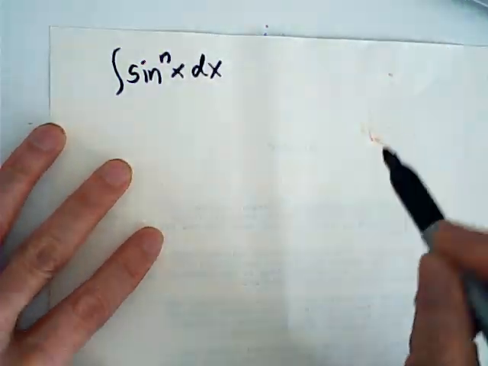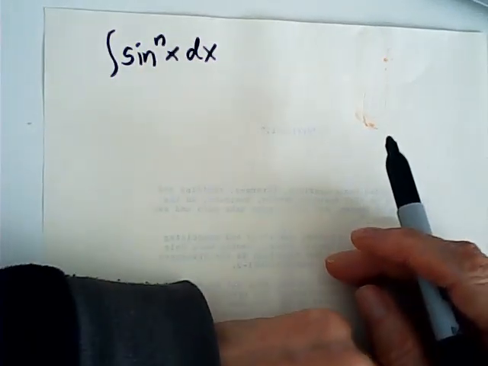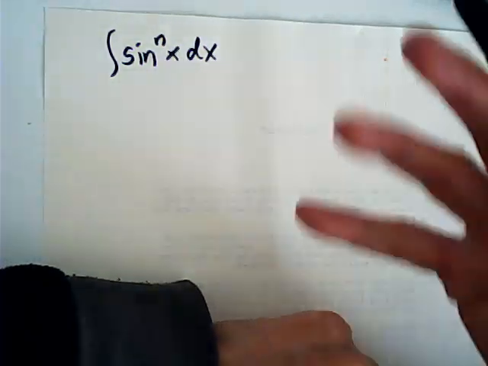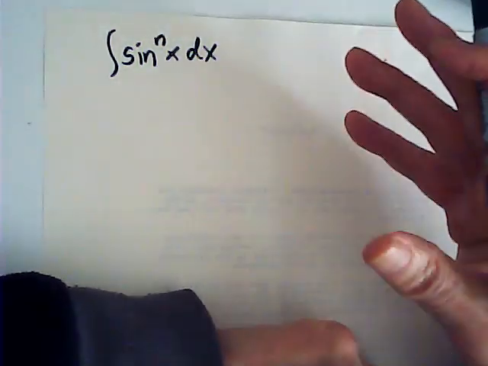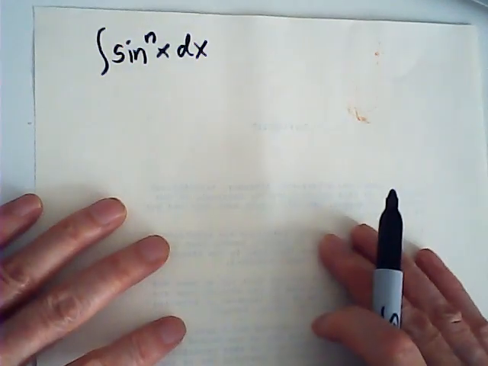And you can do similar for the cosine. Let me increase n one by one. We're dealing with sine function, sine square, sine cube, sine fourth, sine fifth, sine sixth, until you have a general idea to deal with the sine function.